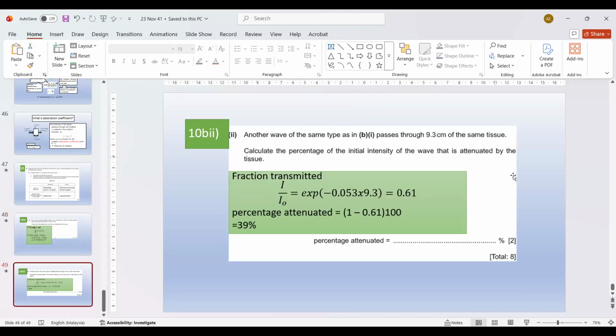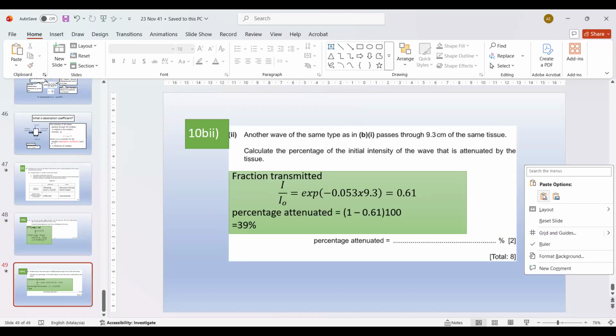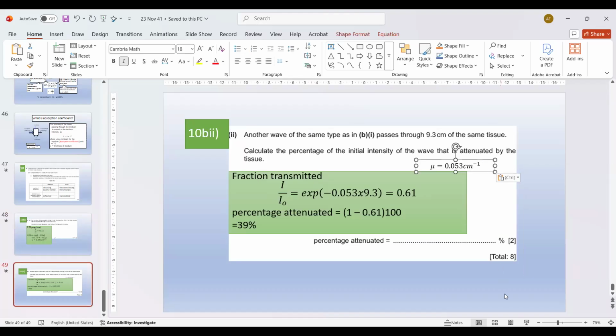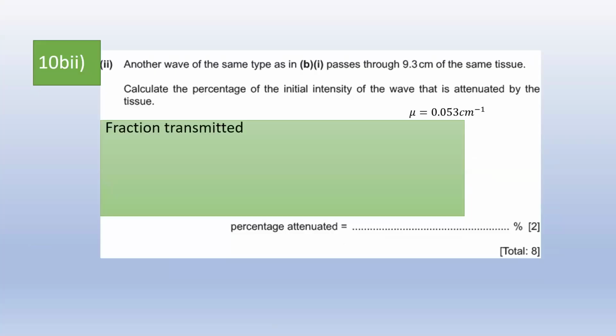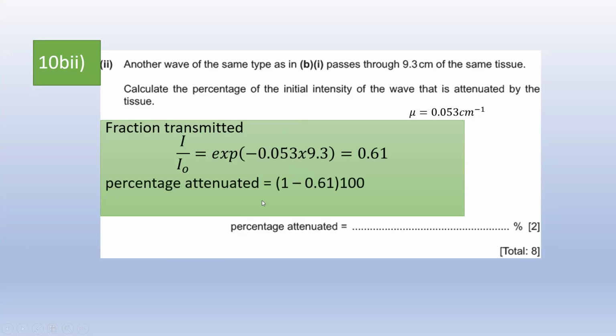Just calculate it out. Okay, fraction transmitted I over I naught is 0.61. Percentage attenuated, right? Transmitted is that one. Attenuated is 1 minus the fraction, times 100. If you want percentage, 39%.